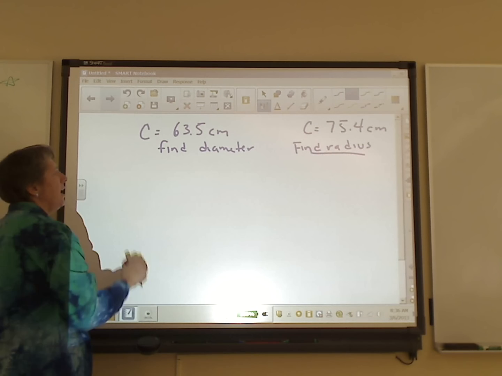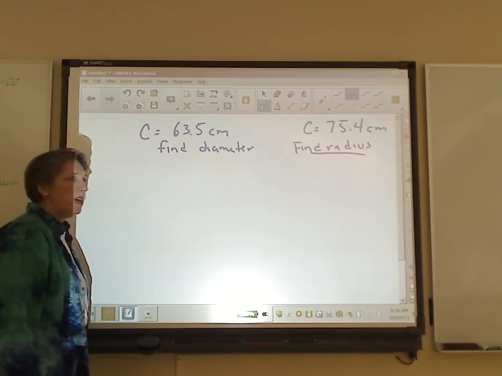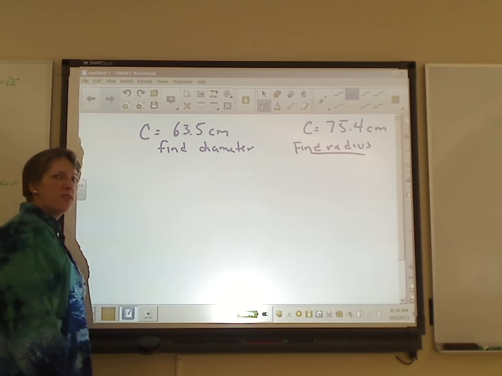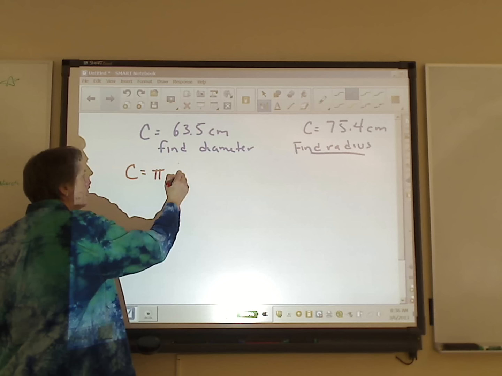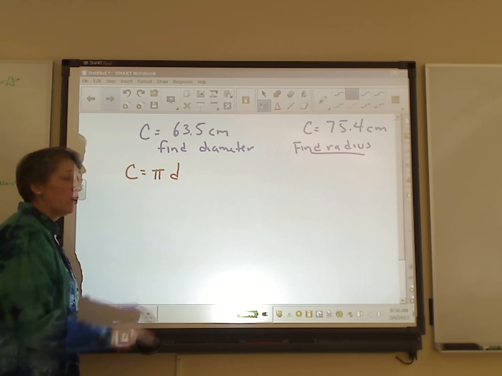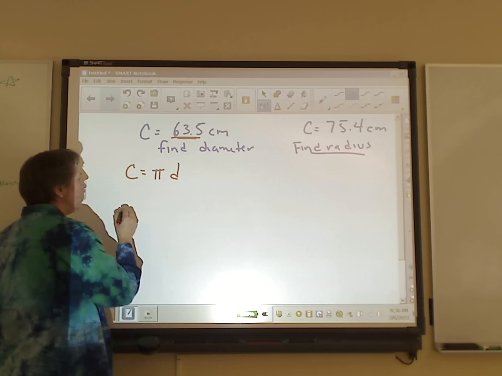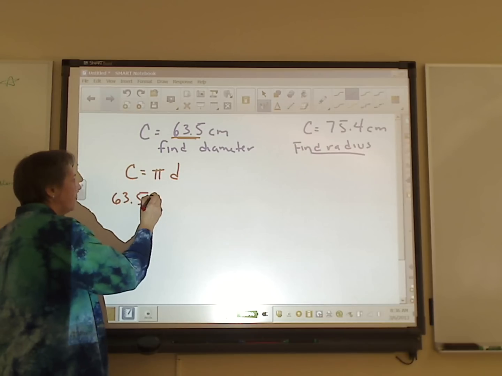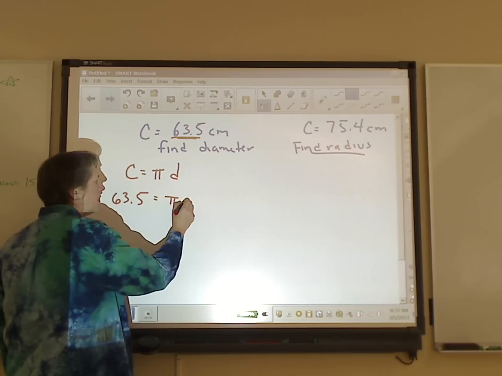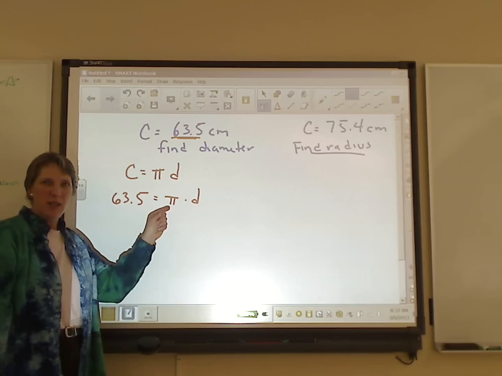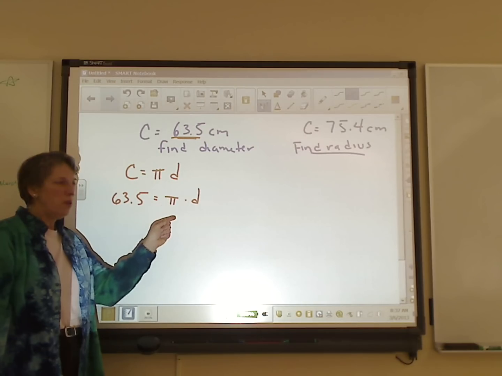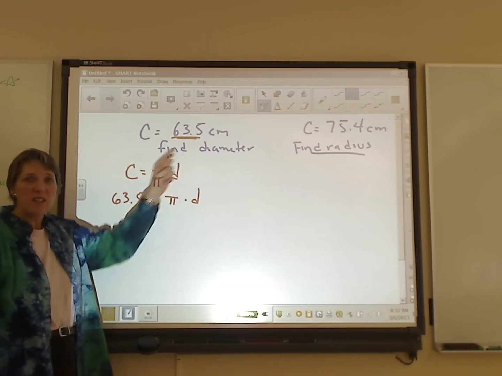So here I say, find the diameter. C equals 63.5 centimeters. Okay, you have to write the formula. C equals pi d. Well, C equals 63.5. Now here's the interesting thing. You know what pi is. You don't know what d is. It wants you to find the diameter.